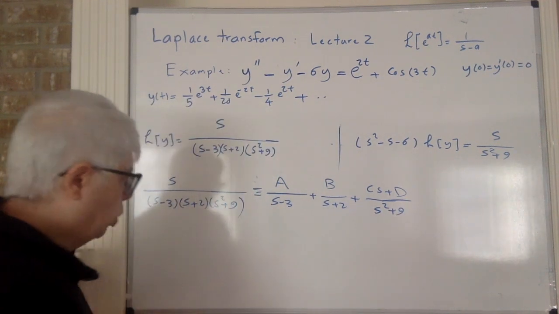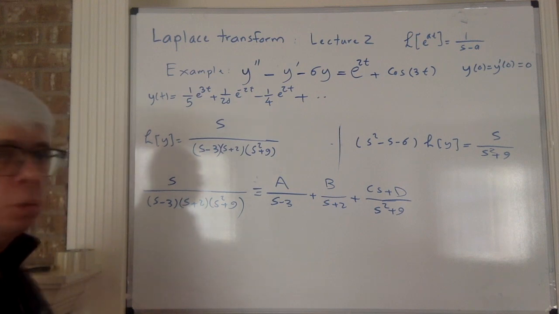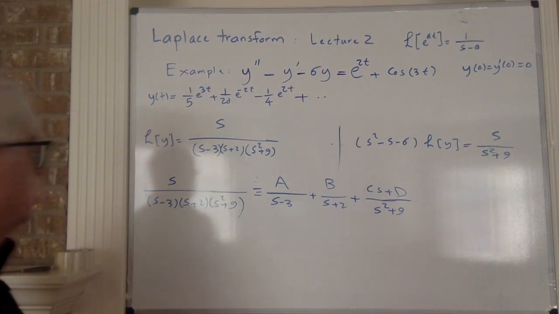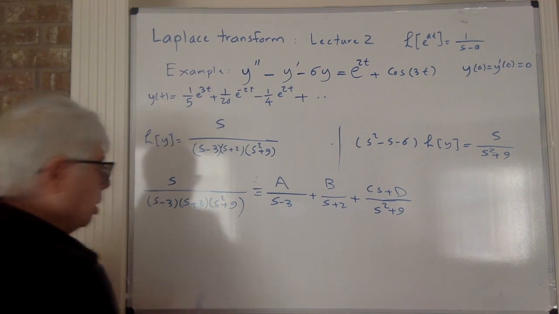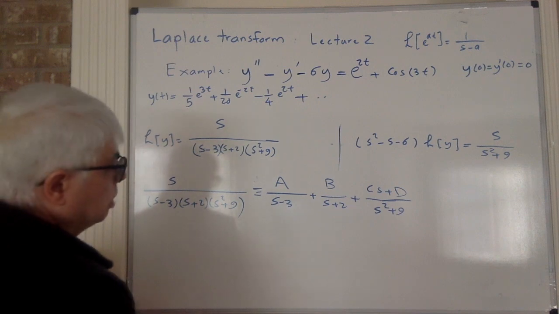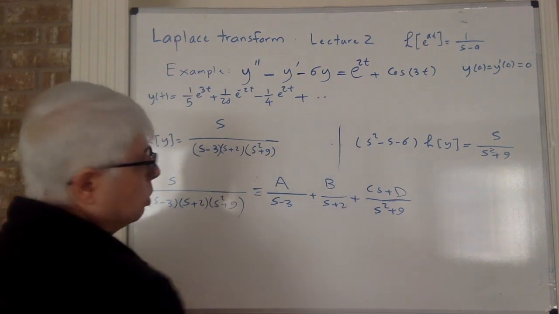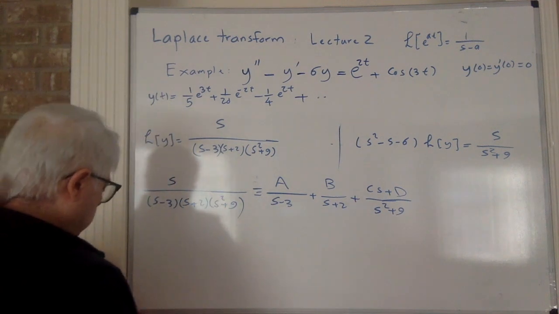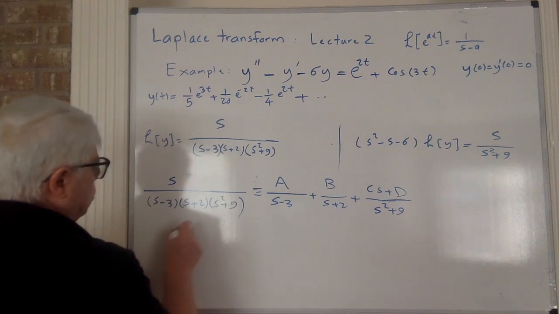Okay, if you have a quadratic in the denominator which cannot be factorized, so it's irreducible, then the numerator for partial fraction will be a linear function of s, cs plus d. Okay, now let's get rid of the denominators. And so I have to solve this.